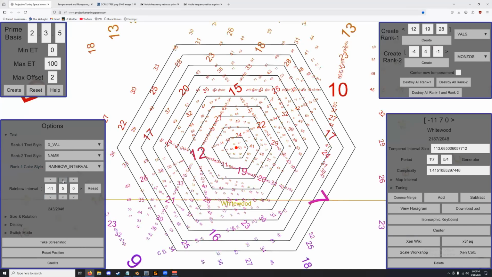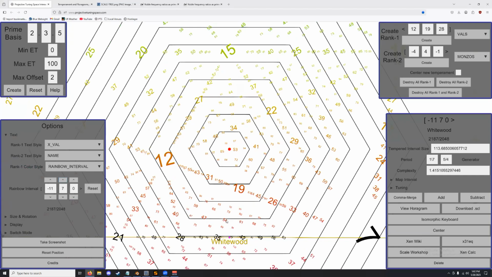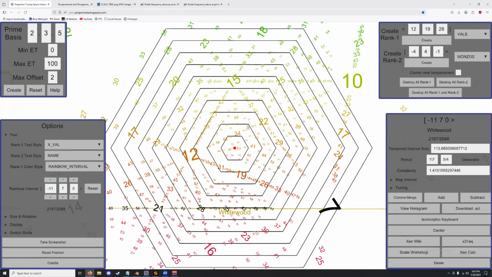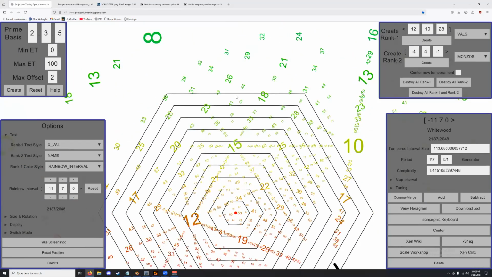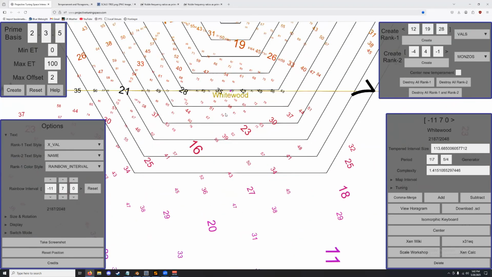Minus 1170. So along this line, all these numbers are black, which means it's tempered out. And anywhere that it's orange or red, it's tuned to a positive number. Over here, this is tuned pretty justly at this orange here. And over here, it's tuned sharper and sharper. Down here, below this line, it's tuned negatively.